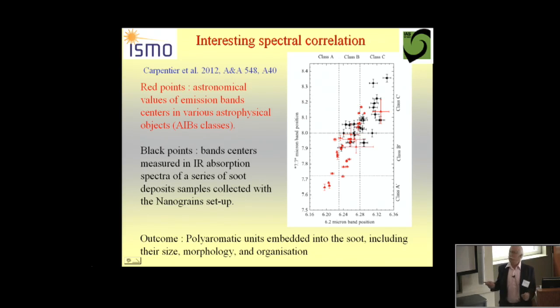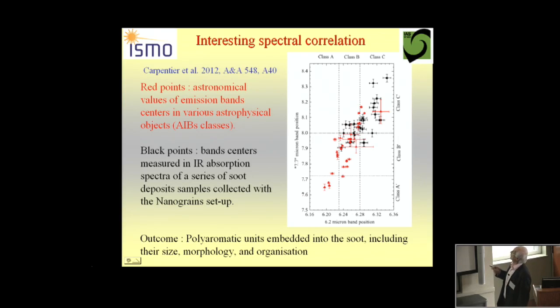Probably you know that. It has been the basis for a classification of the astronomical bands shown in red here, the band centers, in classes: class A, class B, class C. And as the 6.2 moves, the 7.7 moves also to longer wavelengths in each case.